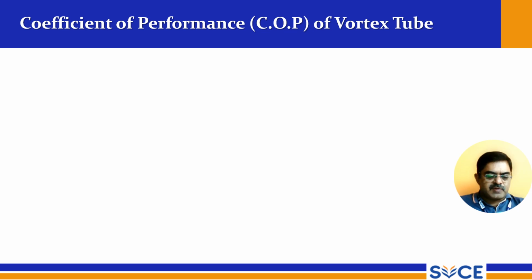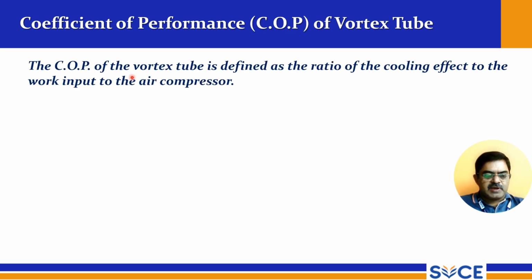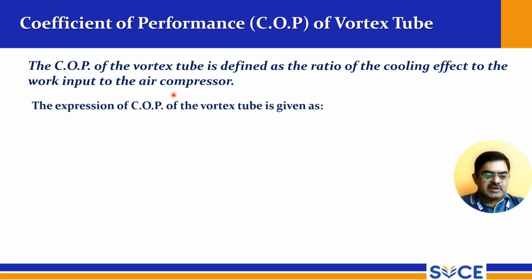So, coefficient of performance of the vortex tube. The COP of the vortex tube is defined as the ratio of cooling effect to the work input to the air compressor. So here an air compressor is also employed.